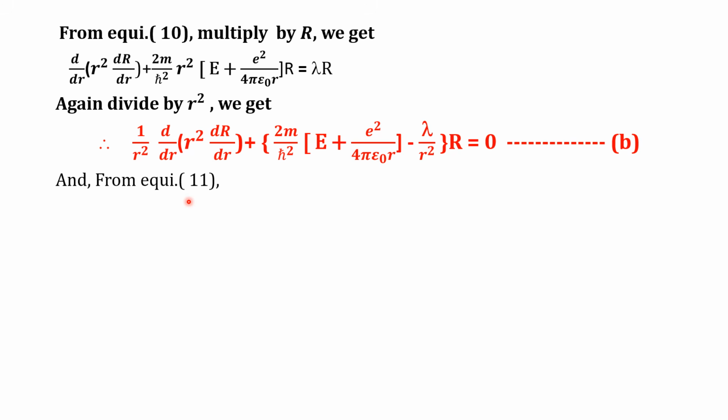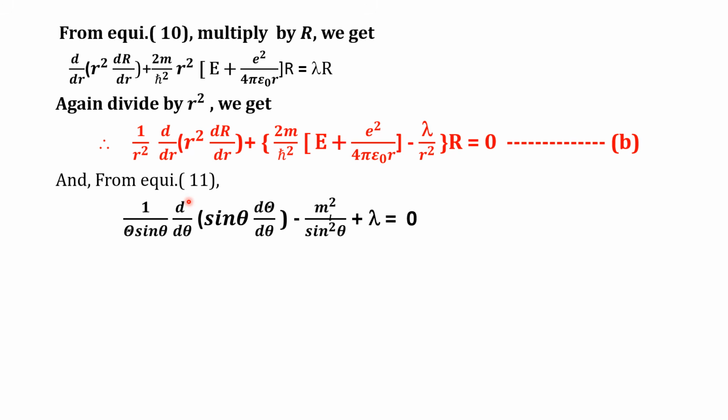And from equation 11, we find the theta part. The equation is 1/(Θ sinθ) d/dθ(sinθ dΘ/dθ) − m_l²/sin²θ + lambda = 0.